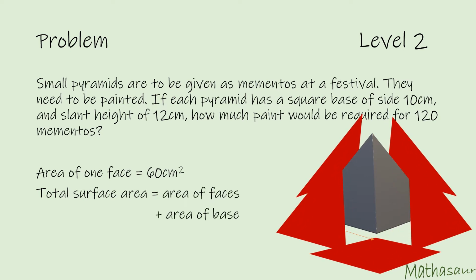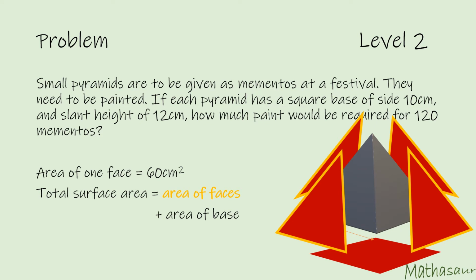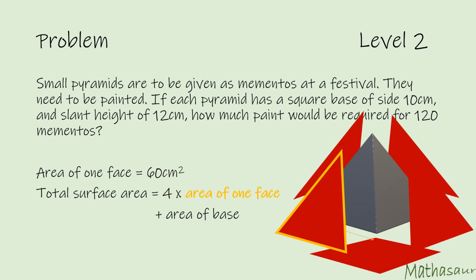Now for the total surface area, we need area of 4 triangular faces plus area of base. The area of triangular faces can also be written as 4 times area of one face, since all 4 triangles or all 4 faces are congruent. Let us substitute the value. So we have 4 times 60 plus area of base.